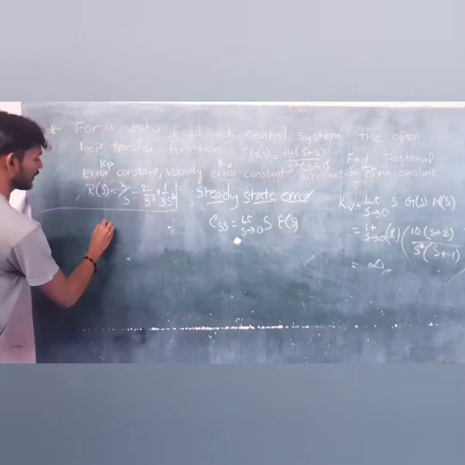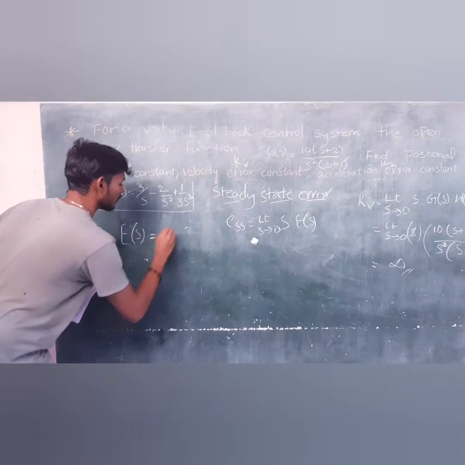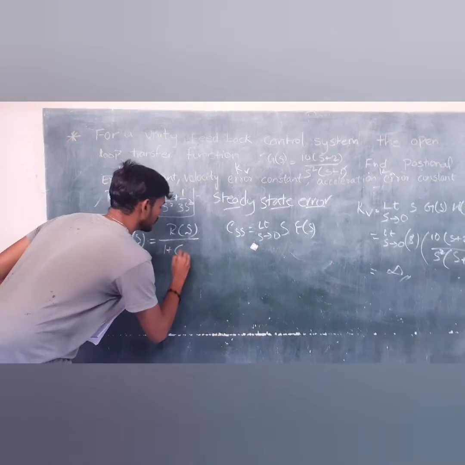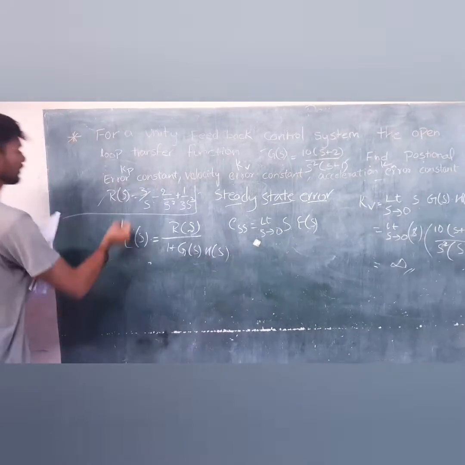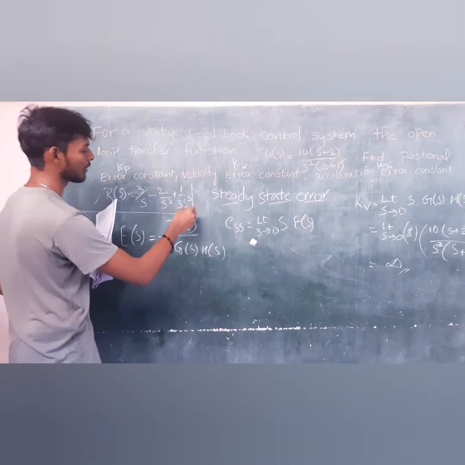The formula for E(s) is R(s) / (1 + G(s)H(s)). In the question they have mentioned that R(s) equals 3/s - 2/s² + 1/(3s³).